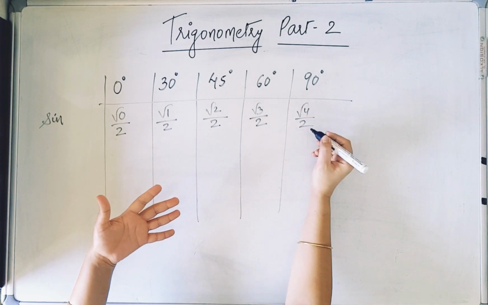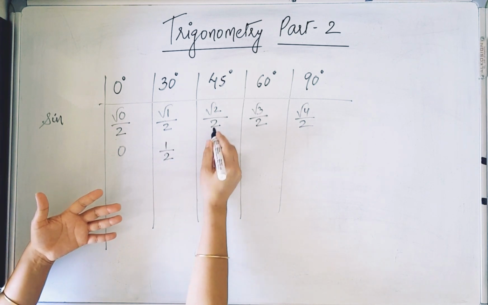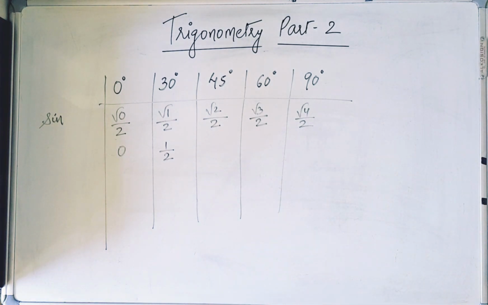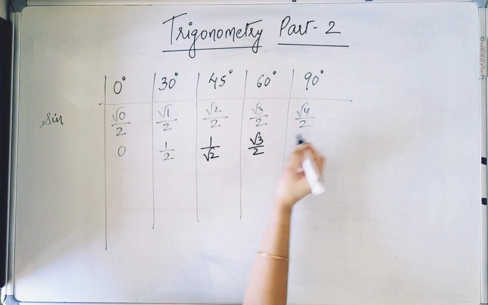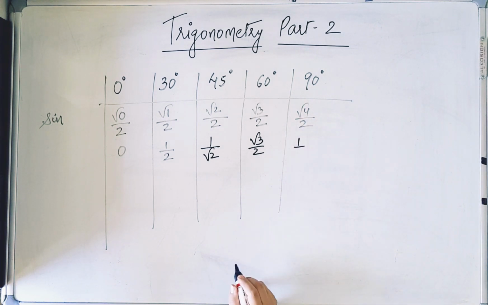Thus here we'll get 0, here 1 by 2, and here, if we rationalize again, this 2 we can write as √2 into √2, so we will get 1 by √2. Here we'll get √3 by 2, and here square root of 4 becomes 2, and 2 by 2 is 1.